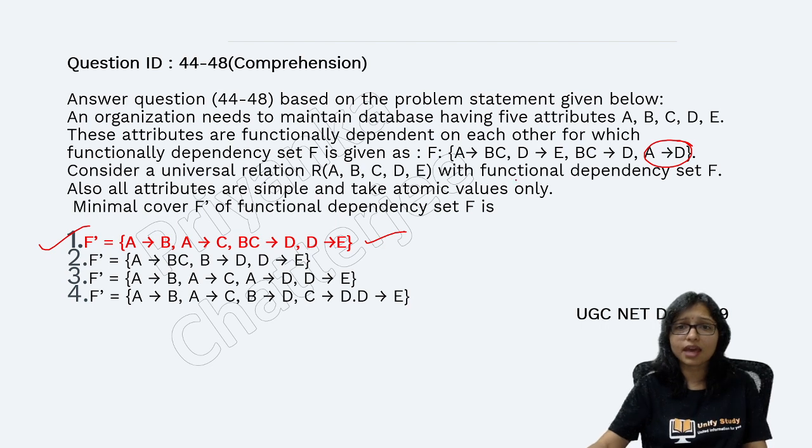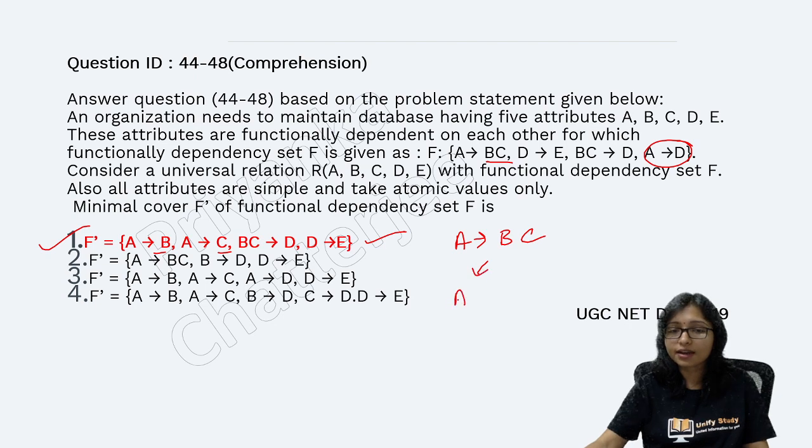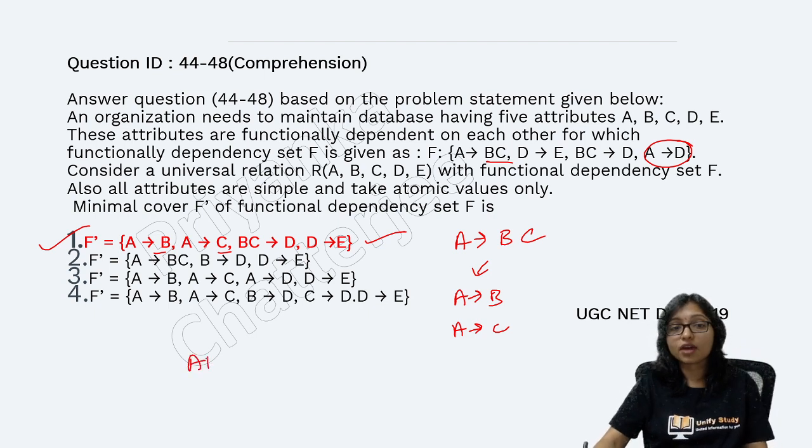Now you will ask me, ma'am, here it is A implies BC, but here it is A implies B, A implies C, how is it coming? A can determine B and C both, so I can write A implies B and A implies C also. But one thing I am telling: if anywhere it is written A, B implies C, then never split it into A implies C and B implies C. Please don't do that.